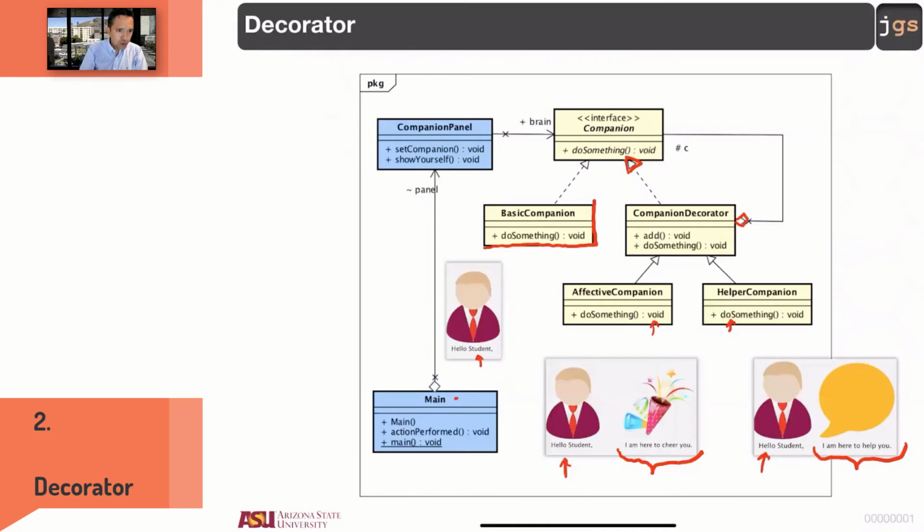By now you know that if I want to do a graphical user interface, this class main, a very good idea is this one is going to be inheriting from JFrame.